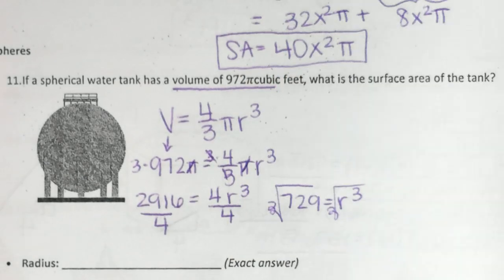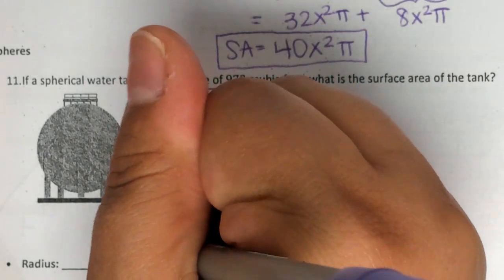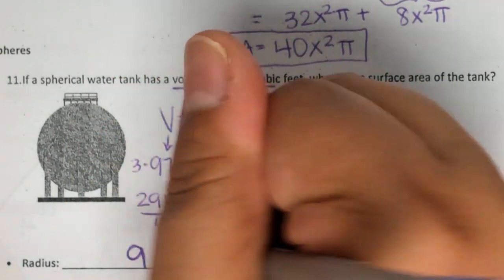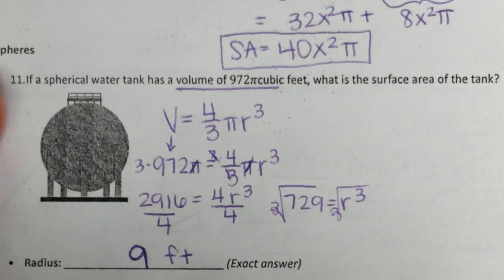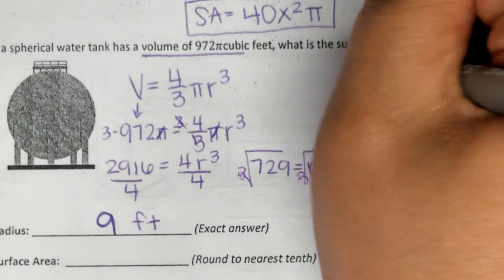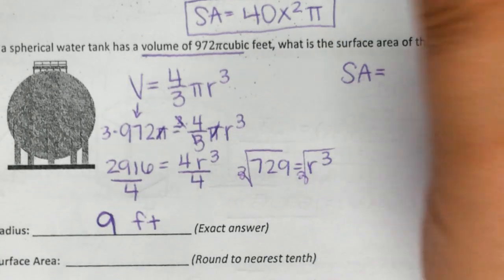Does anybody know the cube root of 729? It is 9. And what are we talking about here? Feet. But what does my question ask for? How do I find the surface area of a sphere?